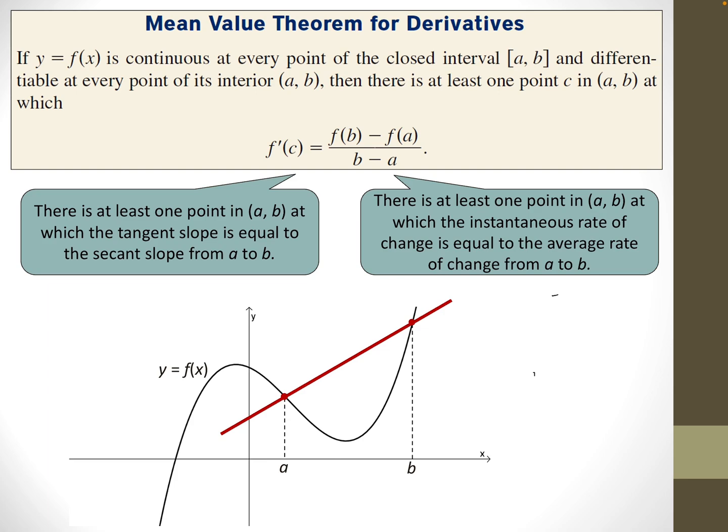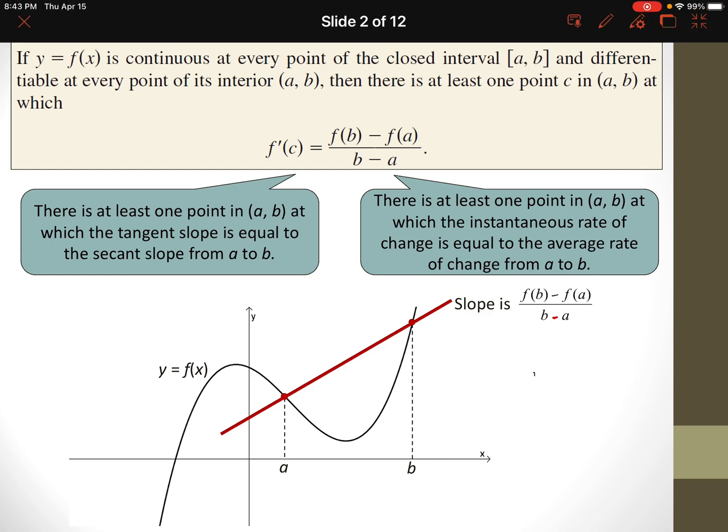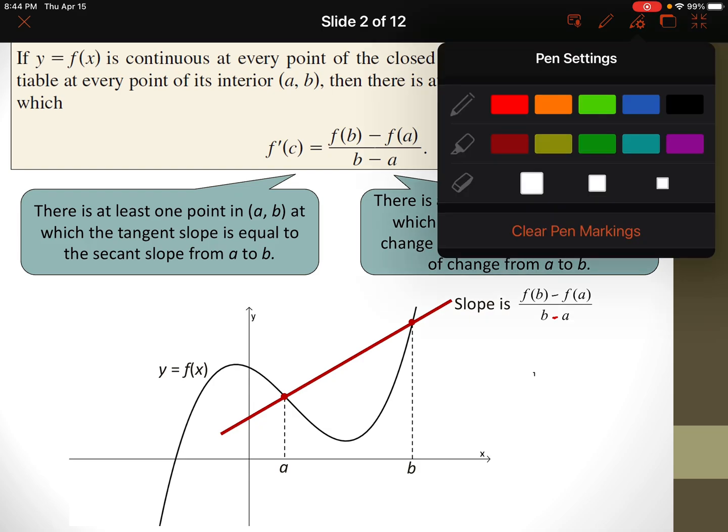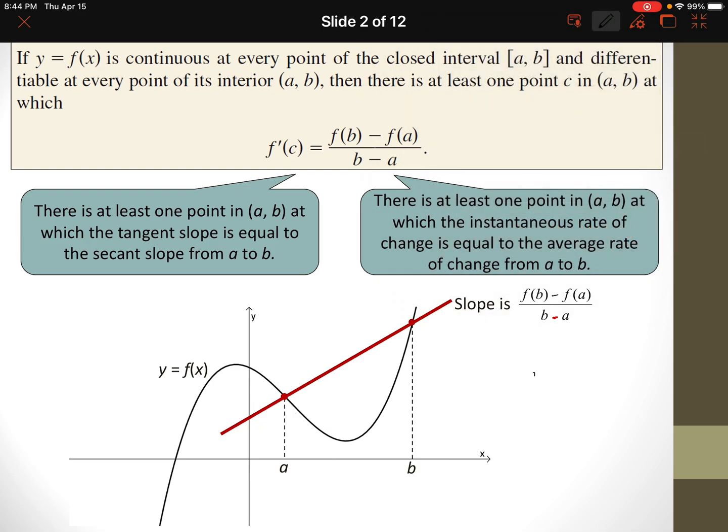So if you find that secant slope, what the mean value theorem says, there's that slope. Let's just get the pen to the color I want here. That slope of that secant line is f of b minus f of a over b minus a.